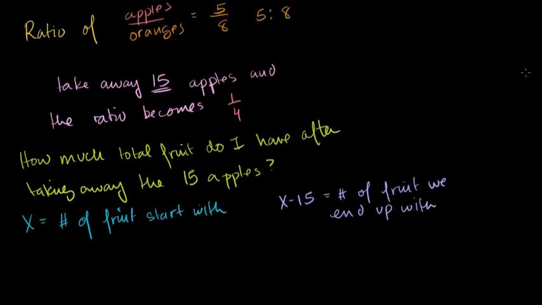And now, we know that we start off with a ratio of 5 to 8. So we know that the ratio of apples to oranges is equal to 5 to 8 that we start off with.